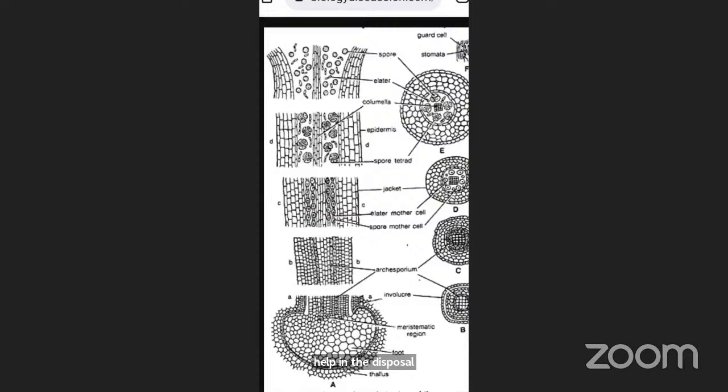The spores have two wall layers: the outer one is the exospore and the inner one is the endospore. Each spore has a single nucleus, and plastids and oil bodies are also present.